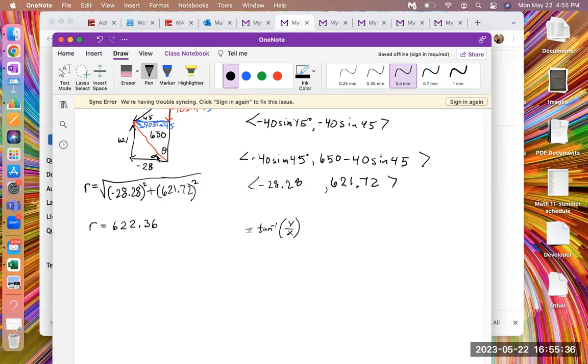Notice how the angle alpha, the opposite is going to be the side 621 over the adjacent 28. So that is the angle that we're going to get when we use this equation. We're going to get this alpha.